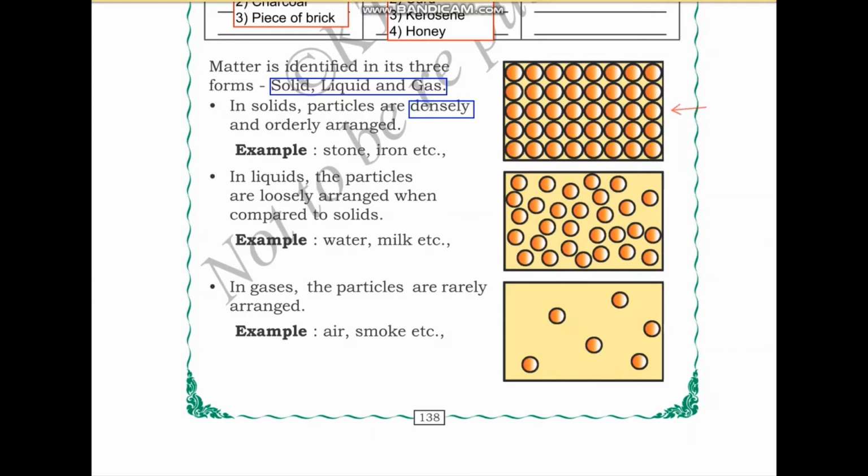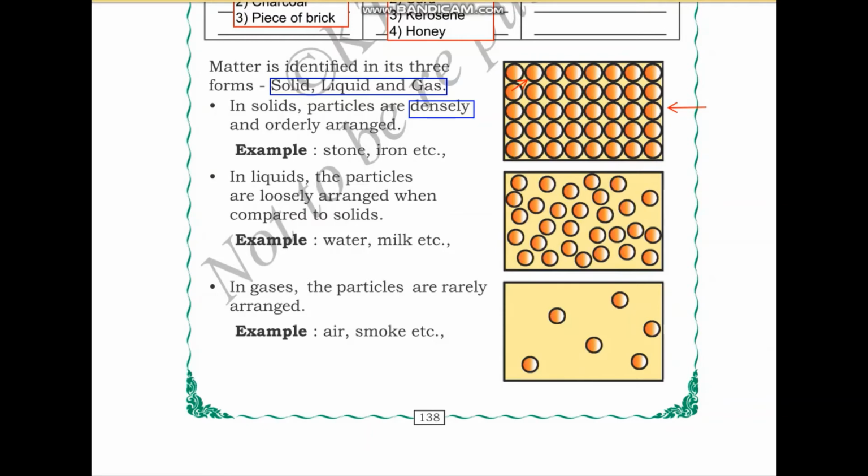If you can see in the first picture that we see here, this is an example for arrangement of particles in a solid. You can see that there is not much space left between the particles. So if you can see here, the space between the particles is very less, right? And they're also arranged in straight lines. So in solids, particles are densely arranged and in an orderly pattern.